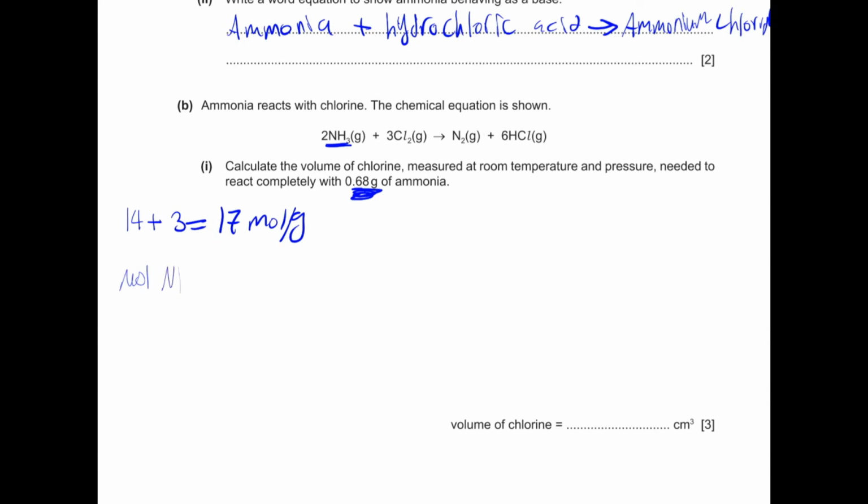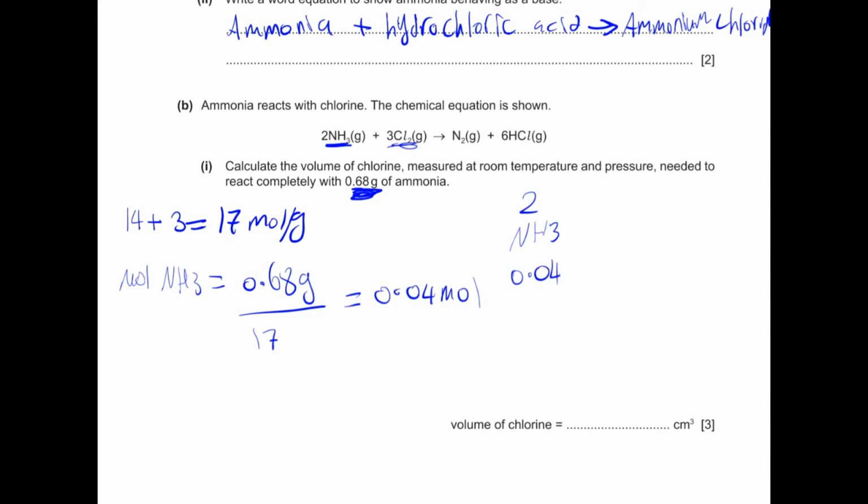So moles of NH3 is equal to the mass 0.68 grams divided by 17, which is equal to 0.04 moles. And now we're looking for the moles of chlorine. So we had 2 moles of NH3, and that gives us 0.04 moles of ammonia.